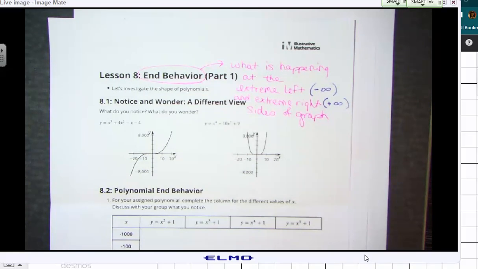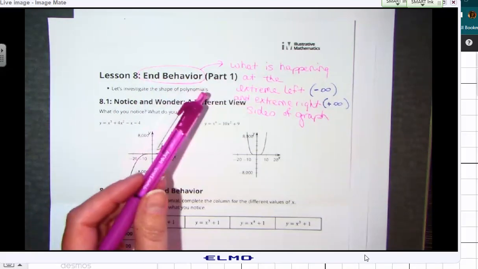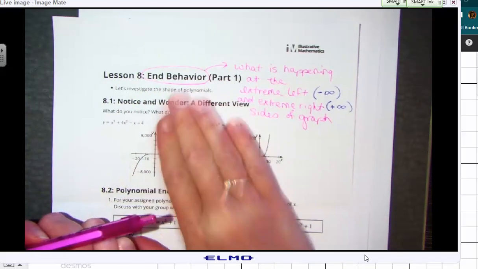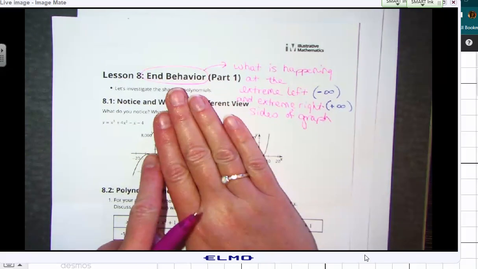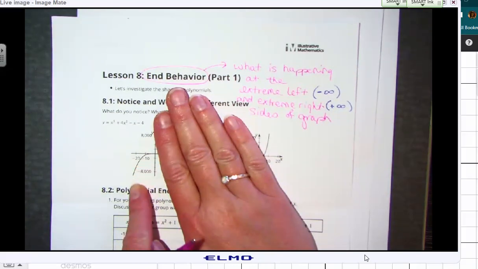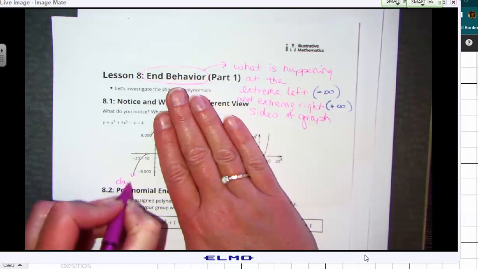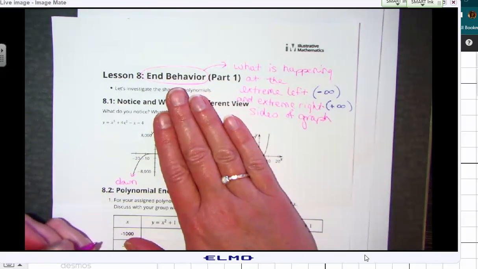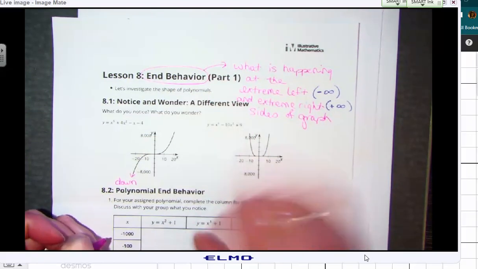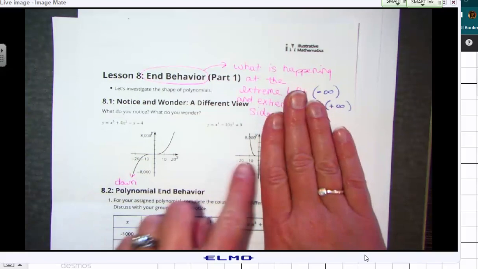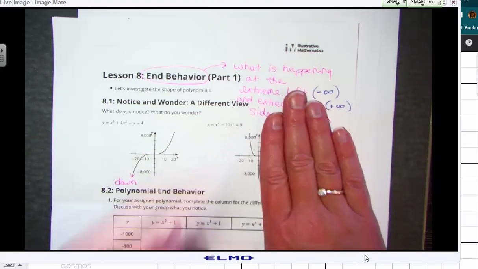Now our graphs here for polynomials only have two options about what's happening when we go to one side of the graph. We're either going to be going downward forever. We call this down end behavior on the left side, or like this one over here on the left side, it could be going upward forever.